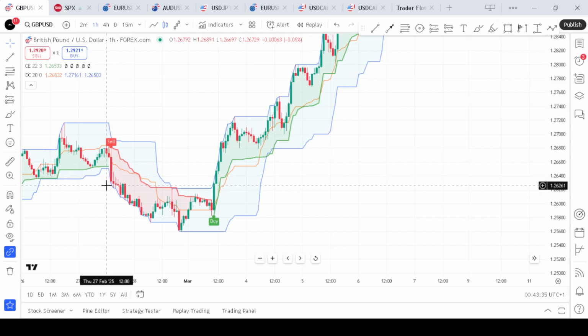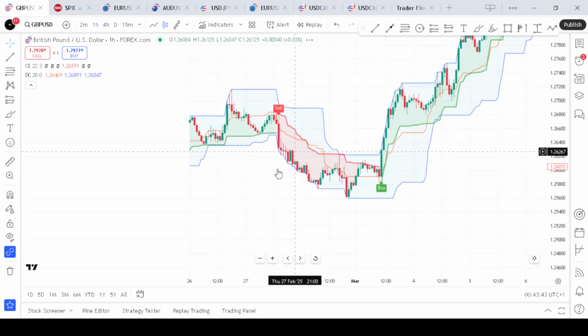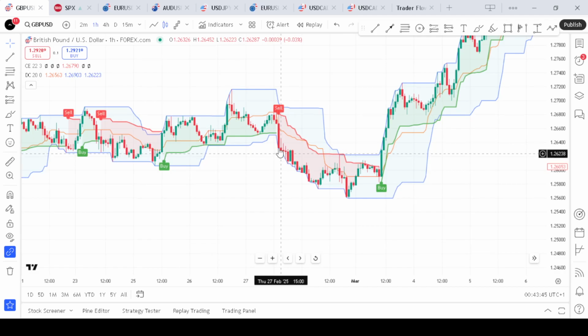You have to look for price breaking below the lower band of the Donchian channel, signaling a bearish period. So when you notice price is breaking through the lower band, this signals bearish momentum. These combinations allow you to capture trends while maintaining disciplined risk management.